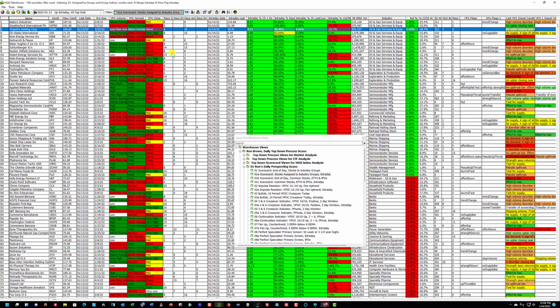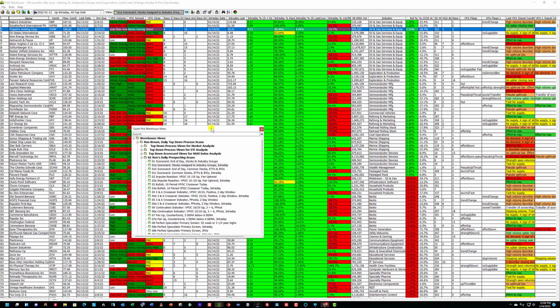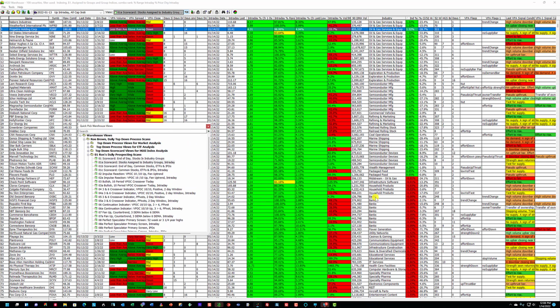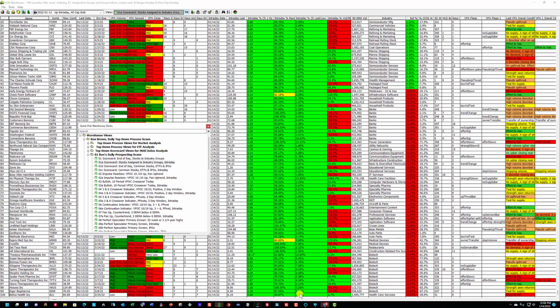Okay, that's it. It's a powerful tool to find what's going on in the market, even when the indexes are doing nothing, and even when the indexes are going down, you can find good stocks. Every one of these groups has stocks that are going up, even though the groups are going down.